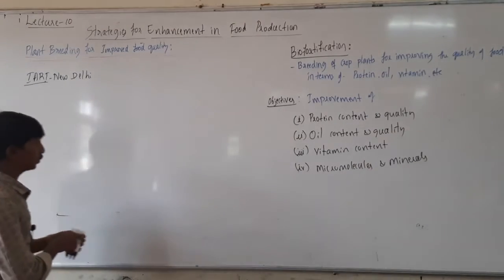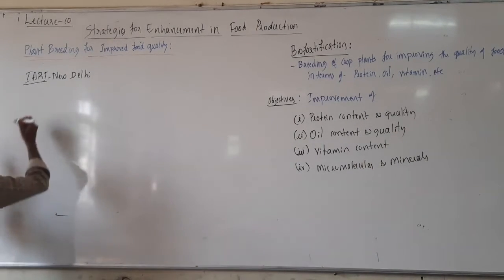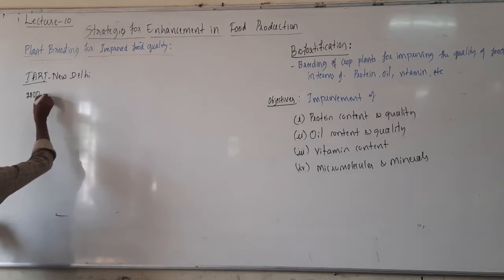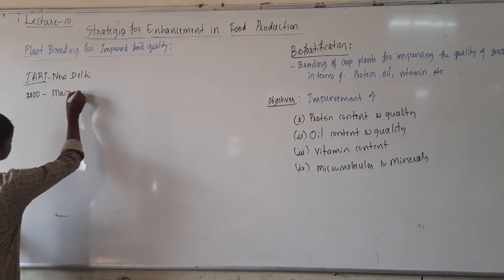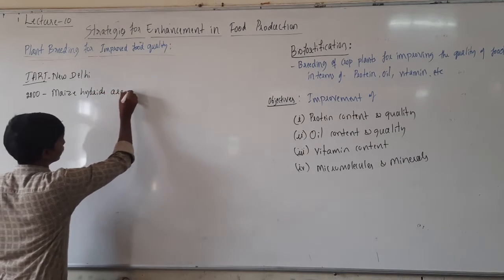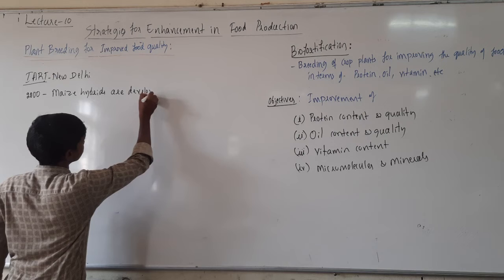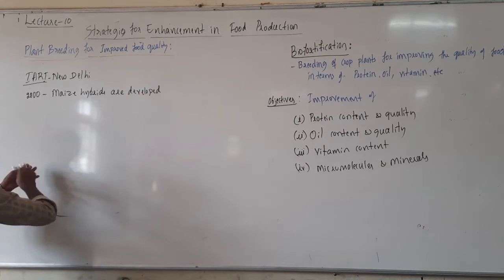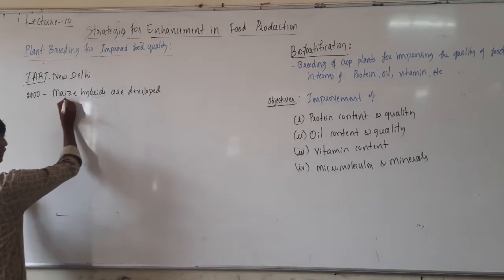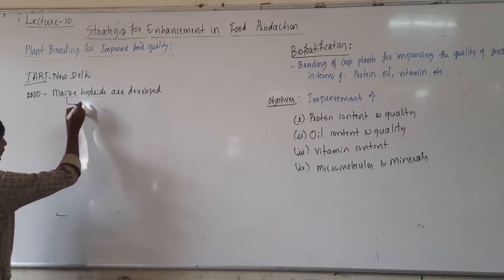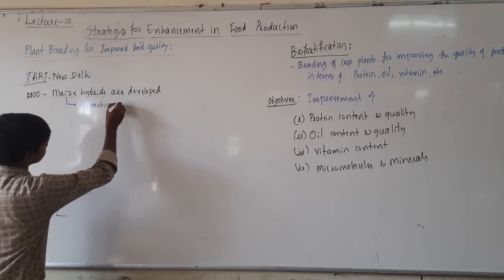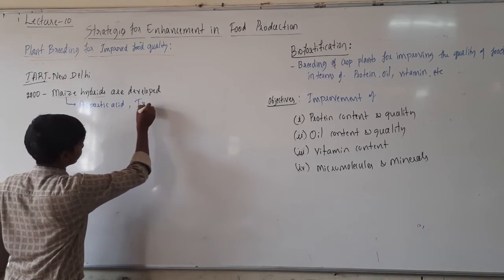We shall see what those are. In the year 2000, maize hybrids were developed. Those maize hybrids contain essential amino acids like aspartic acid and tryptophan.